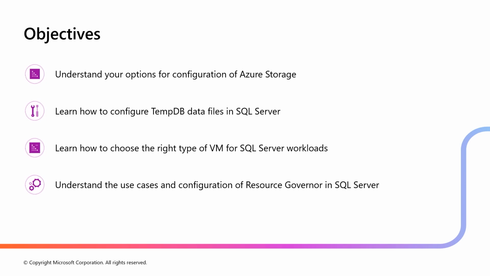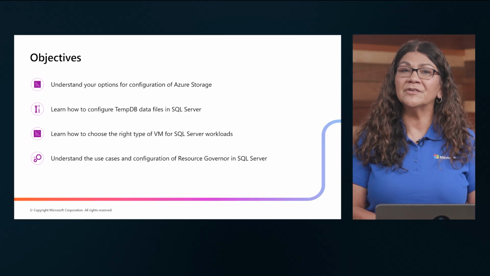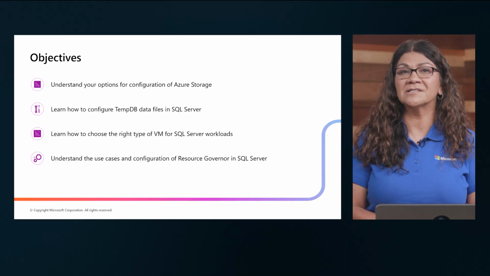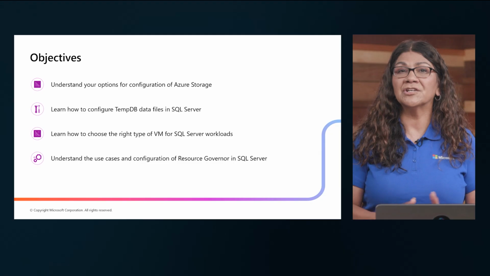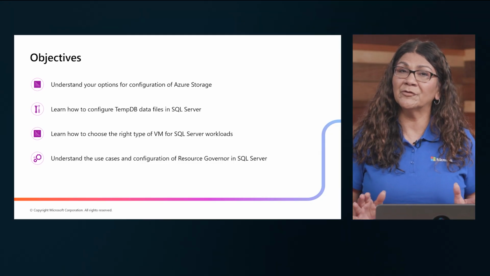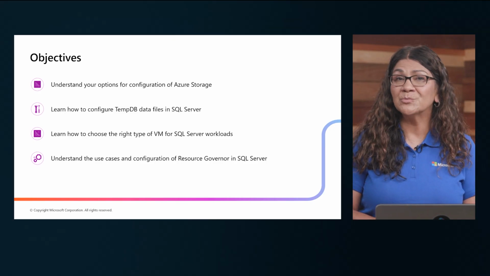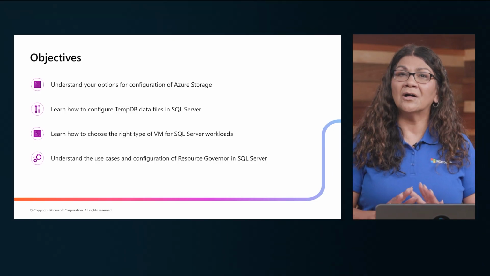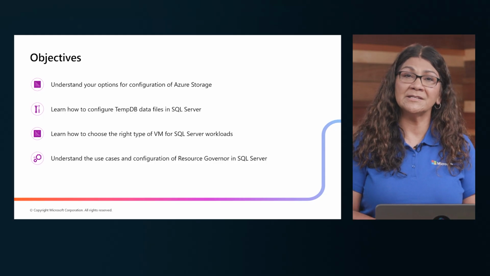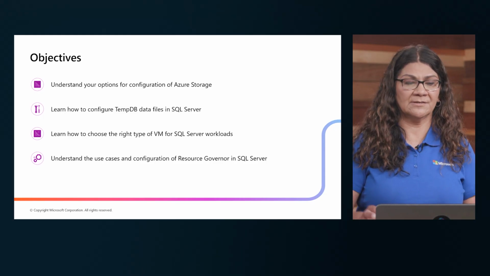Choosing the right storage and sizing your virtual machine are critical steps in meeting the performance needs of your applications and balancing cloud costs. Proper configuration of SQL Server resources like TempDB, which can easily become a performance bottleneck, and Resource Governor, which can be used to manage multi-tenant workloads, are also important for properly maintaining your server's performance.